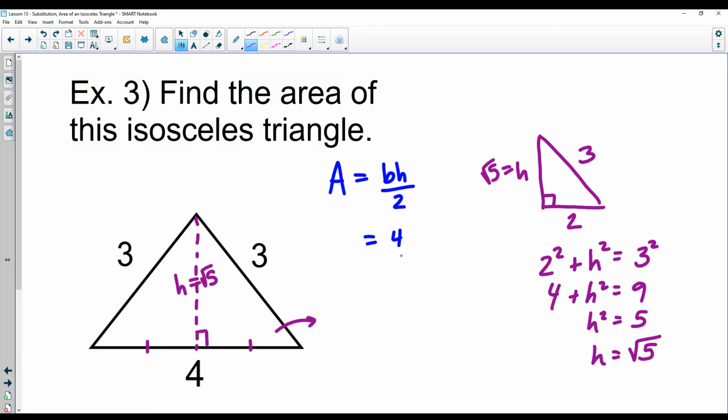All right, so what do we do with that? That's what we needed for our area formula. So multiply that, 4 base times height, root 5, divided by 2. And let's keep going. Let's simplify.